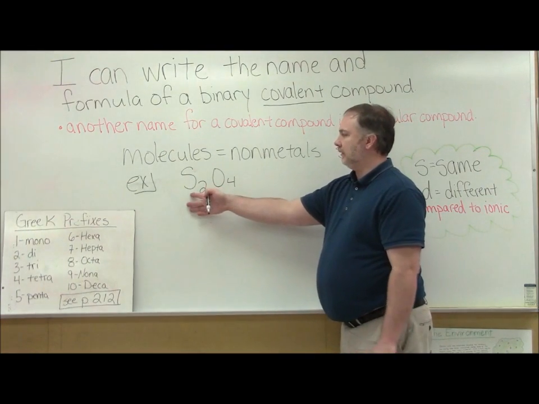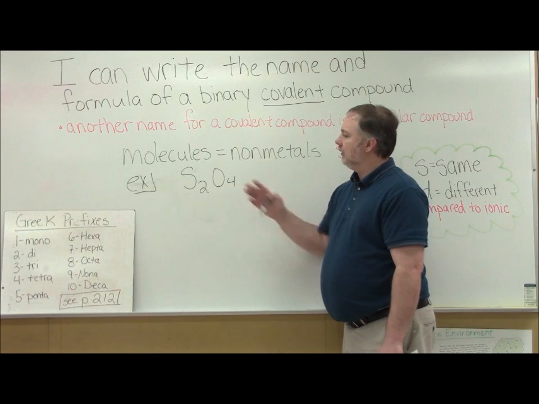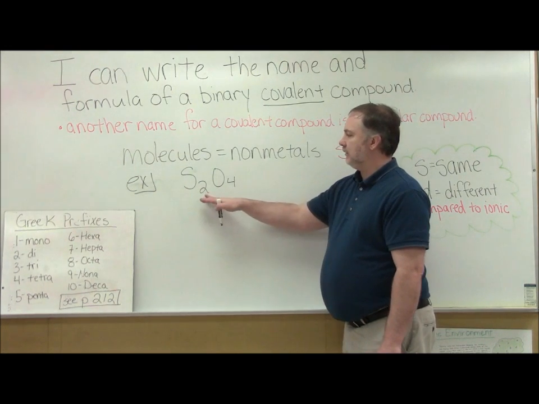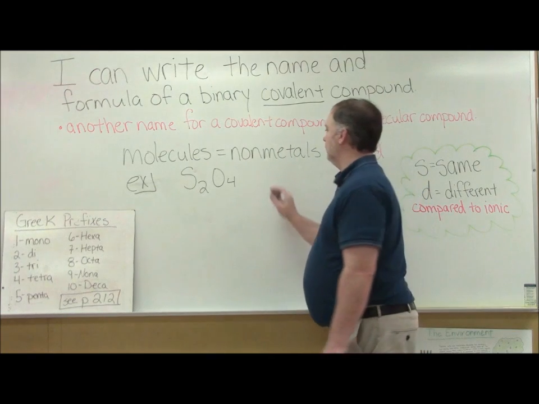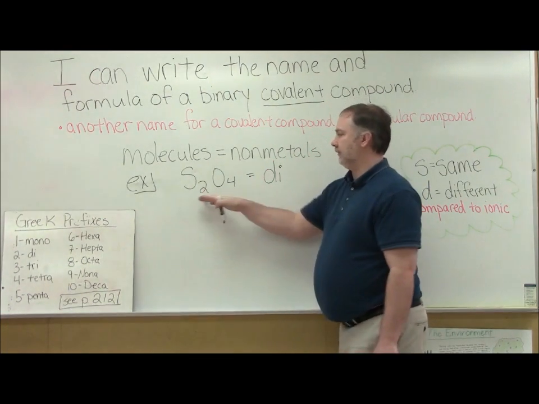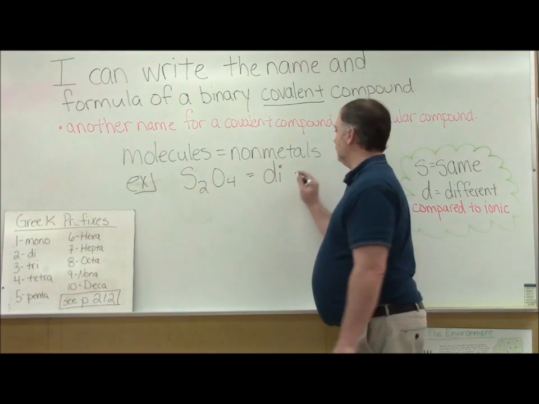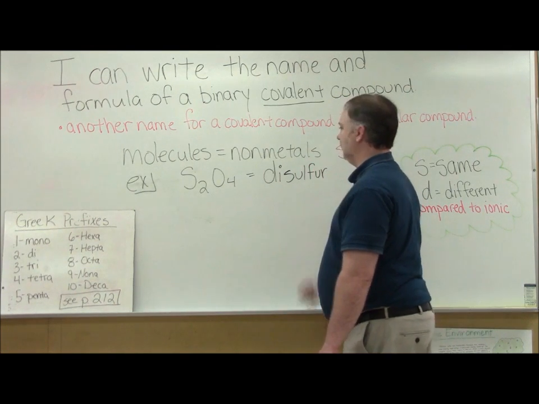We had a simple molecule. We have sulfur and oxygen in it, so it's a binary covalent molecule or compound. In order to name it, we've got to indicate how many sulfurs we have. 2. I have to use a Greek prefix if there's more than one in my first atom. So di, whatever this element name is, sulfur.